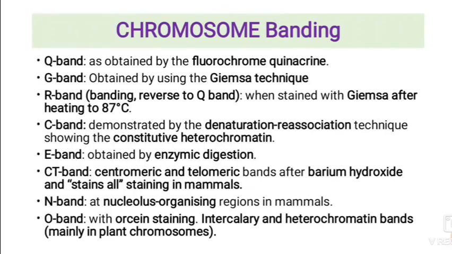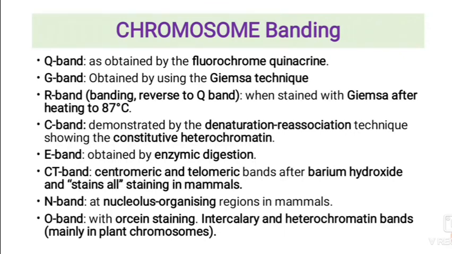These are the types of banding techniques. Q band is obtained by the fluorochrome quinacrine. Next, G band is obtained by using the Giemsa technique. Next one is R banding, which is the reverse of Q band, stained with Giemsa after heating at 87 degrees Celsius. Next is C band, demonstrated by the denaturation-reassociation technique, showing the constitutive heterochromatin.